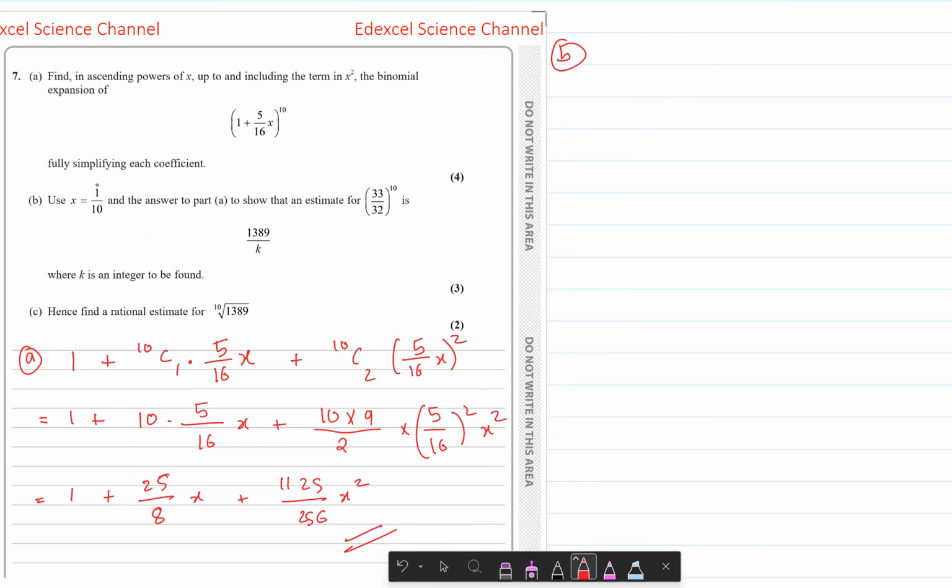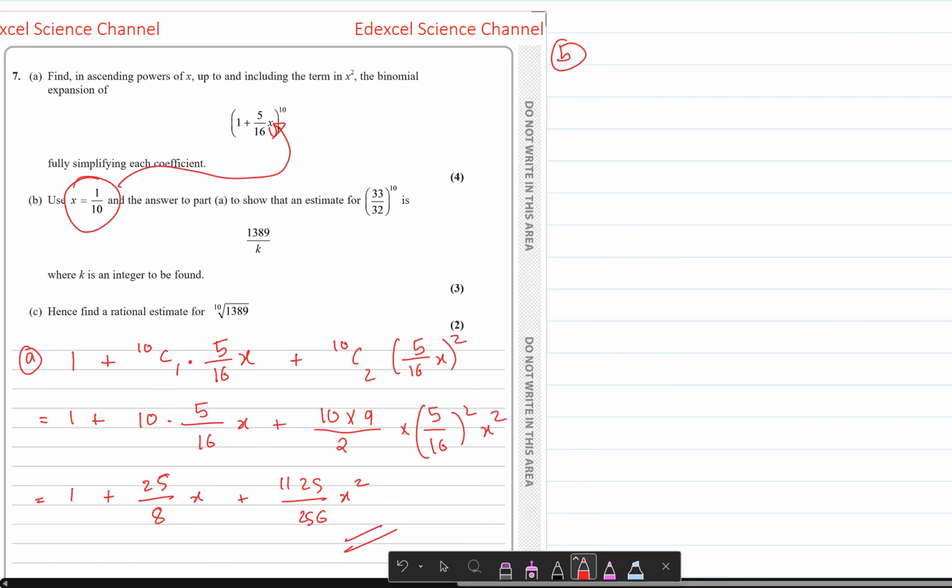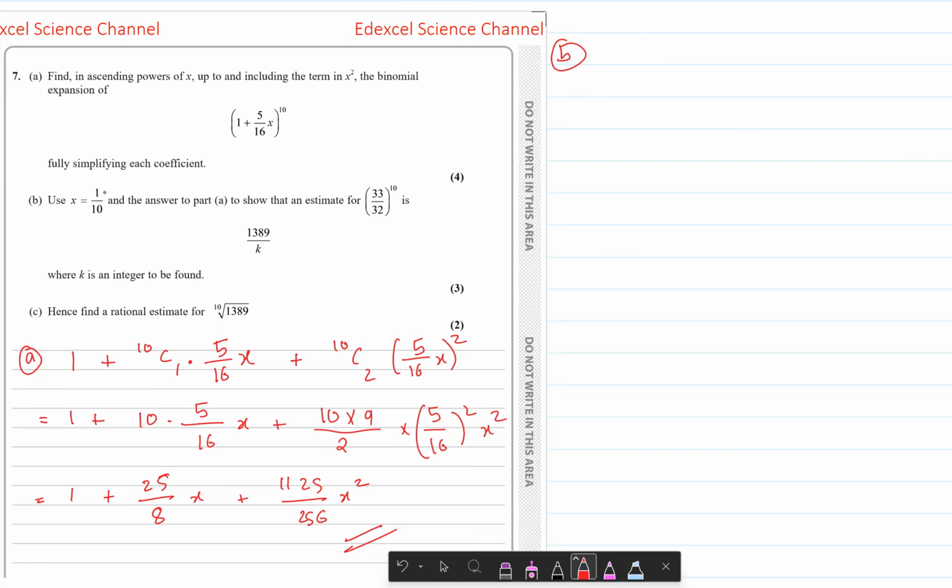All you have to do is you plug in this value into this x over here, and it should give you something similar to this. In this question, however, if you just plug 1 over 10 over here, you will get this exactly as it is. But sometimes you have to do some sort of simple manipulation, but it's never really too difficult.